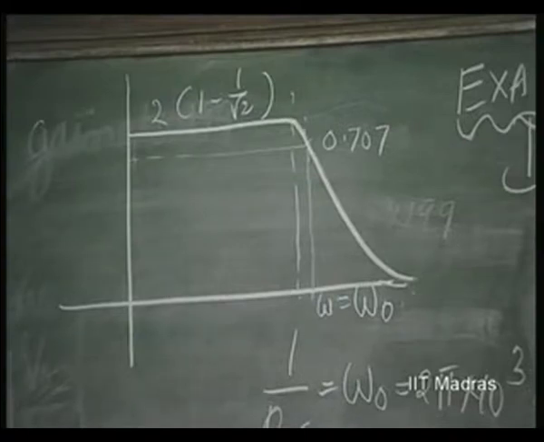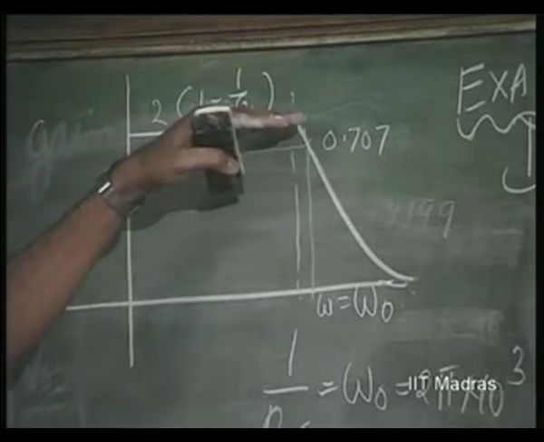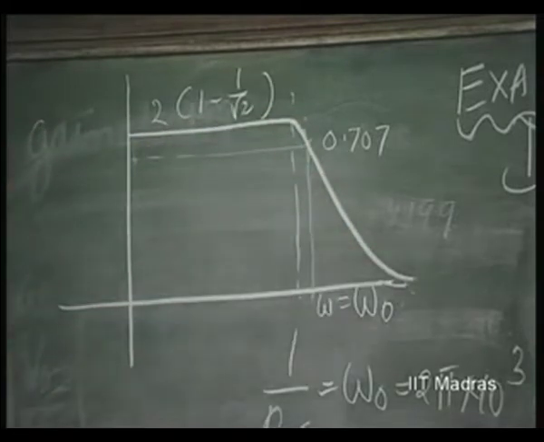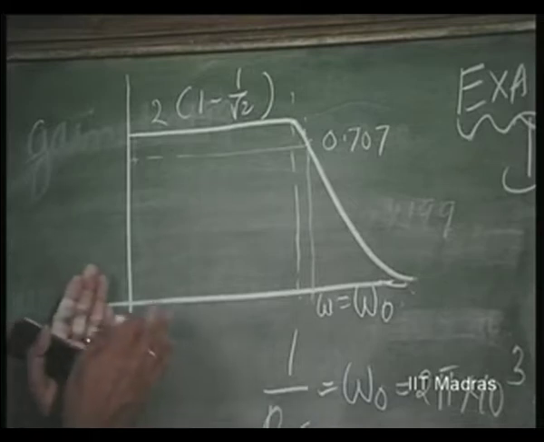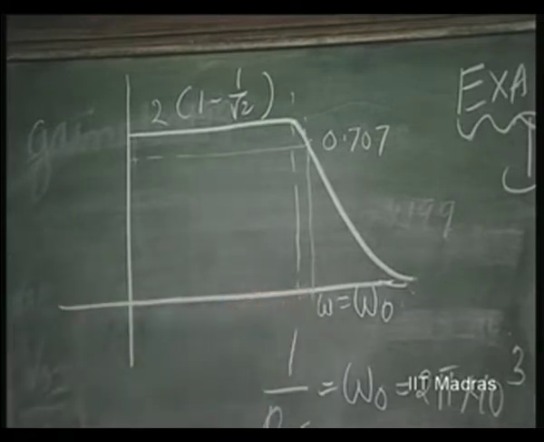So, this is the maximally flat magnitude transfer function, which is normally used for obtaining a low pass filter of good quality.